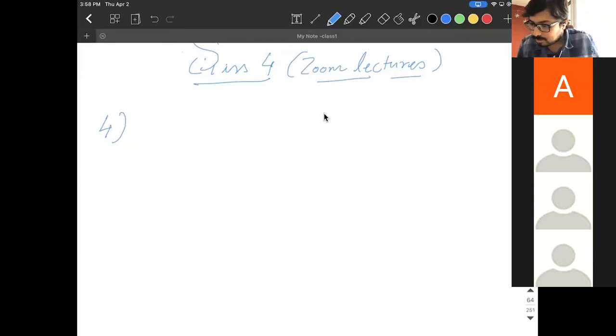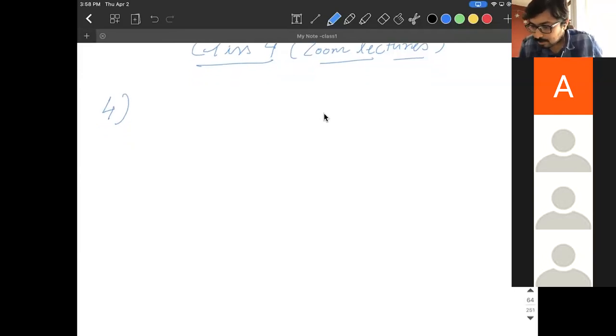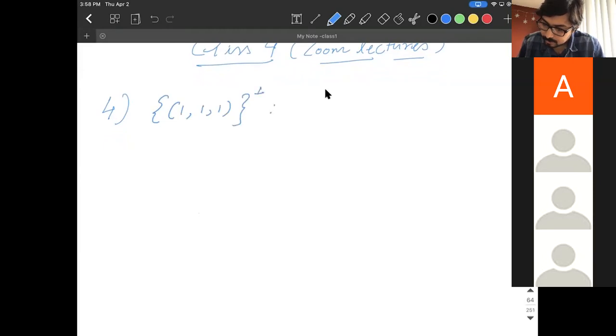Okay, so some of you were asking about problem 4 in the exam. Let's discuss that a little bit. We were given this set, the set of all vectors in R3 such that if you take the dot product with this fixed vector, you get 0.